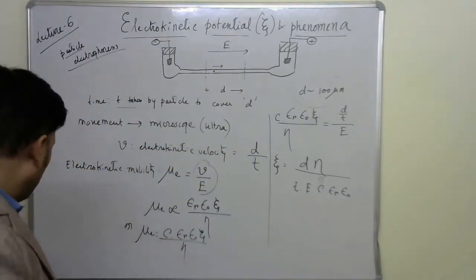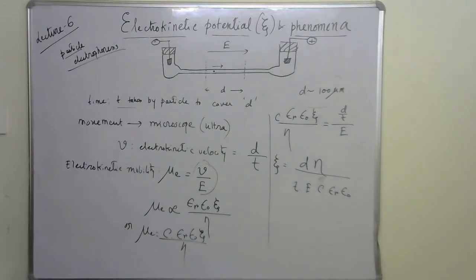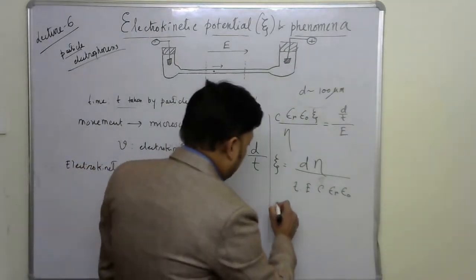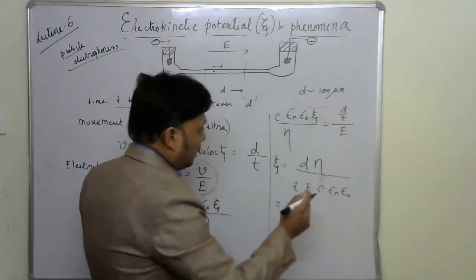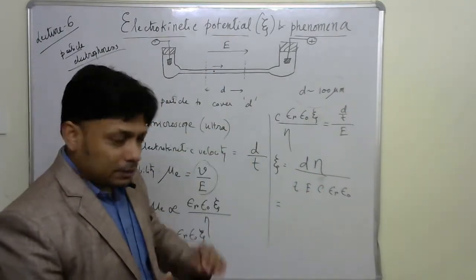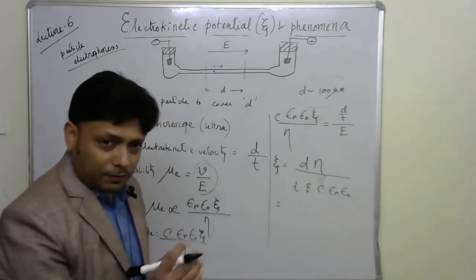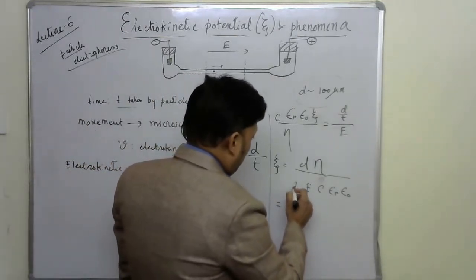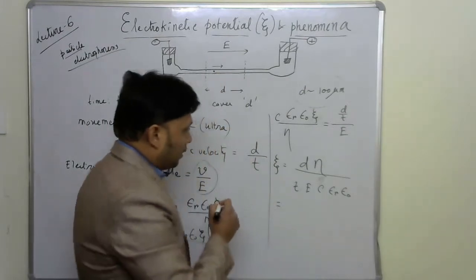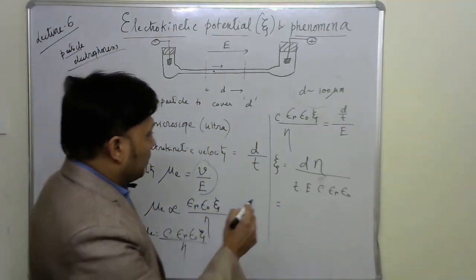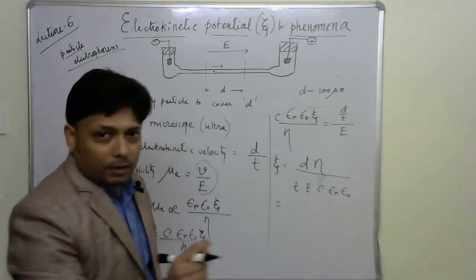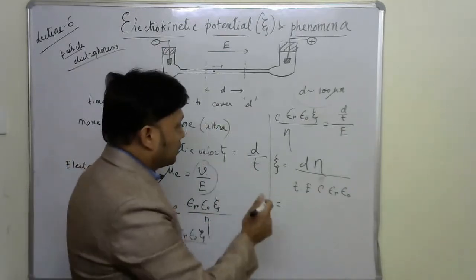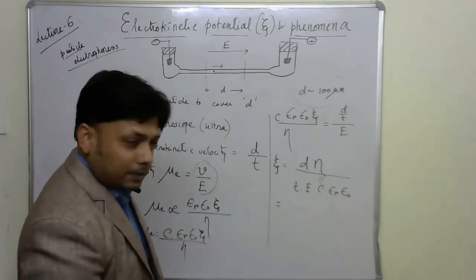If we look at this expression, if the medium is fixed, then the dynamic viscosity is fixed. Now the distance is specific to the equipment, so this d can also be fixed.